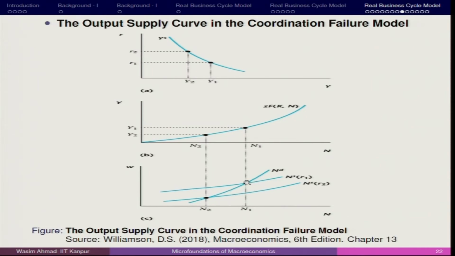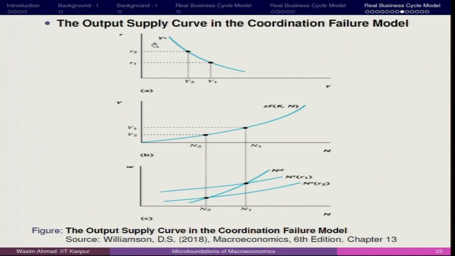Earlier we had higher wages and more labor, but because of this shock from the rate of interest increase, coordination is not playing an important role, and as a result the wage rate becomes lower and the labor supply is also getting lower.